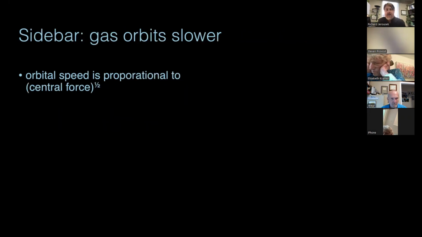And now we have to imagine how those pebbles are orbiting within this gas disk. So we still have a lot of gas surrounding them. And one of the things that I teach in my astronomy class is that the orbital speed is proportional to the square root of the central force.